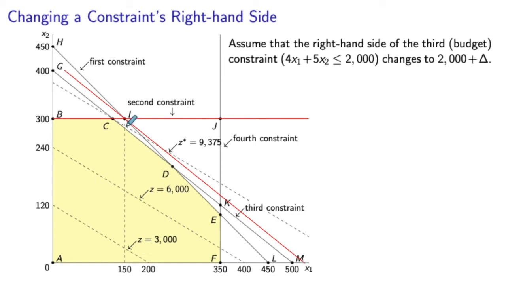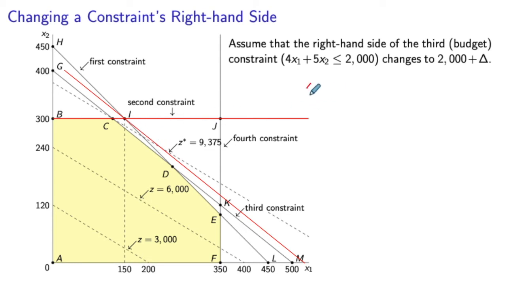To determine the value of delta, all we need to do is plug in the coordinates of the point I in the left-hand side of our constraint, because now our constraint passes through point I, right? And when we plug in the coordinates of point I, which are 150 and 300, we will obtain the new right-hand side for our third constraint corresponding to this move.